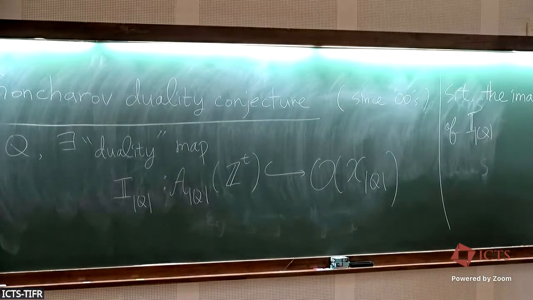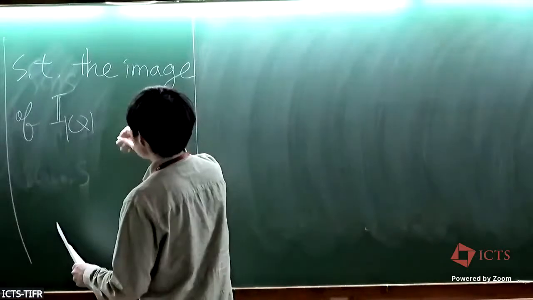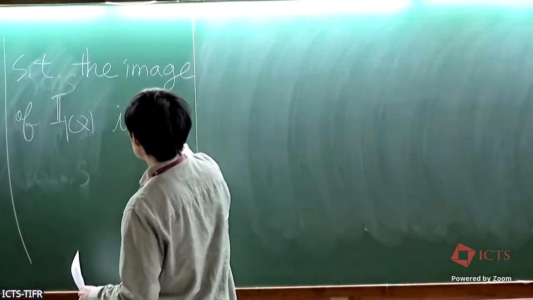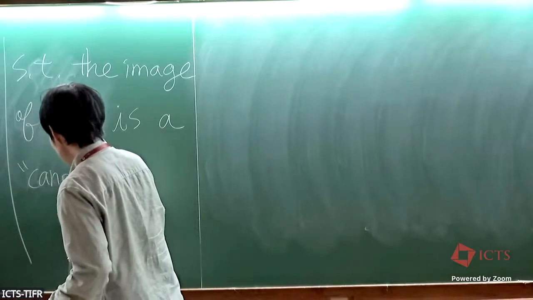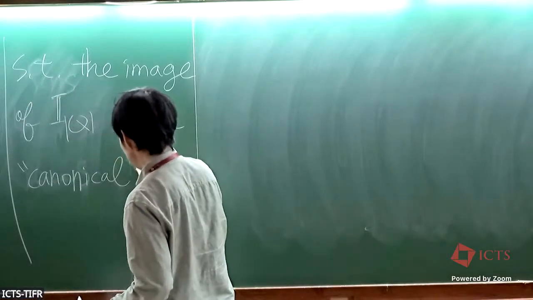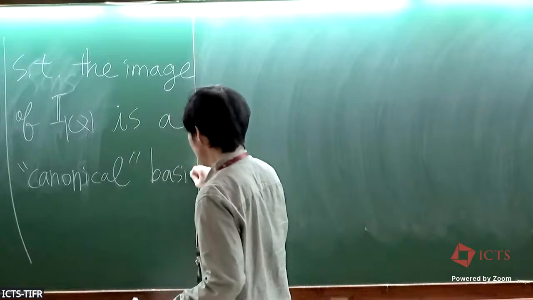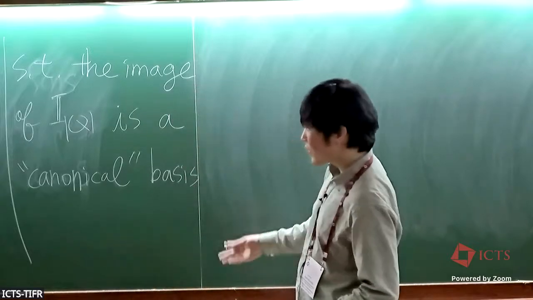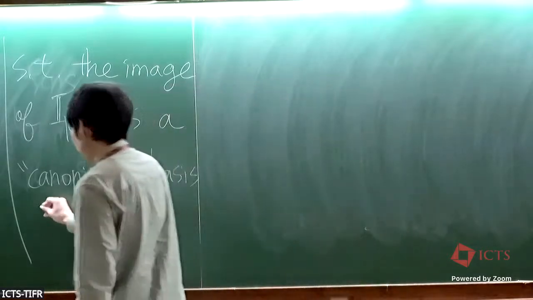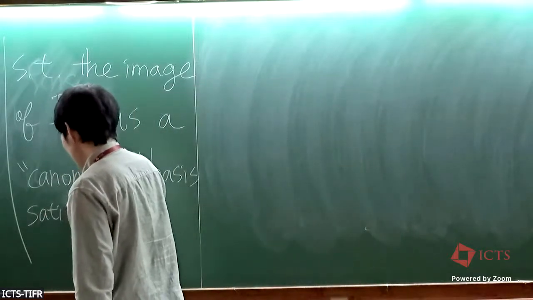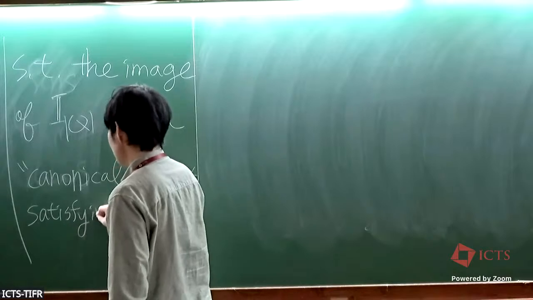And the image of this map should form a basis that satisfies lots of nice properties. And let me even say that the image should form a canonical basis. I want to say this word because it's in the title. The canonical vector space basis of the target algebra, satisfying several properties, which I won't really go over today.